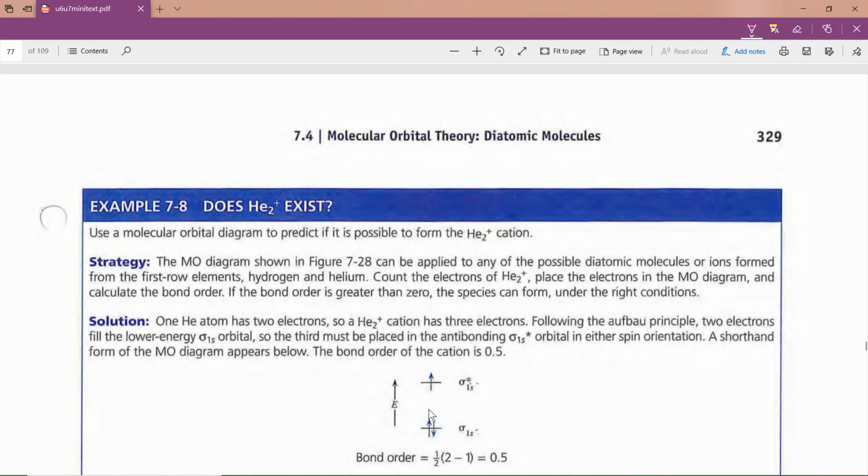So it's going to be 1/2 of 2 bonding minus 1 antibonding. So 1/2 of 1, so it's a half. So yes, the helium 2+ cation does exist. The bond order is 0.5.